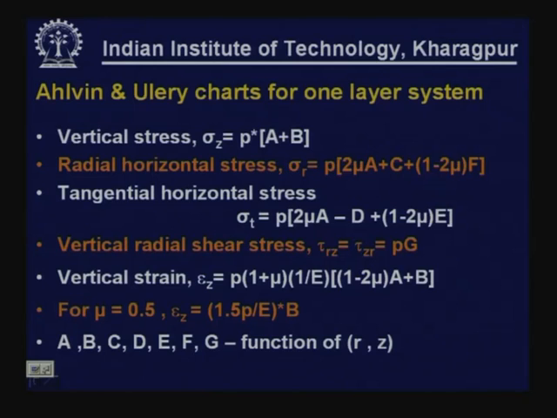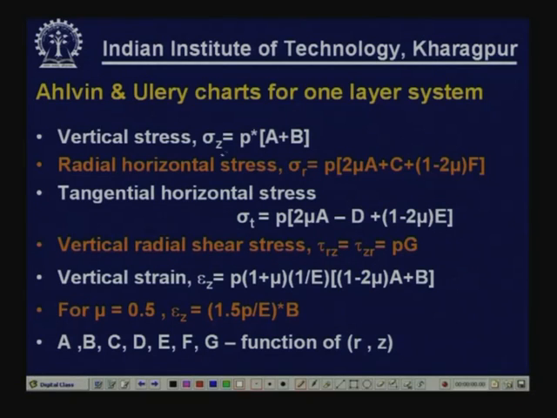As you can see here, all these parameters sigma z, sigma t, sigma r are functions of P, that is the applied pressure, and some coefficients A, B, C, F, D and so on, G. So, obviously, we have to find out for a given system what coefficients A, B, C, D and so on are to be adopted.